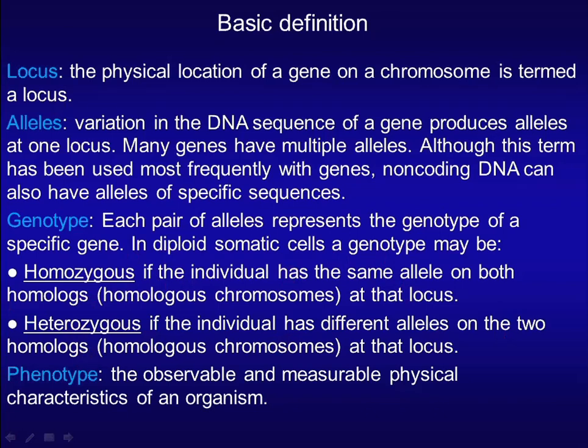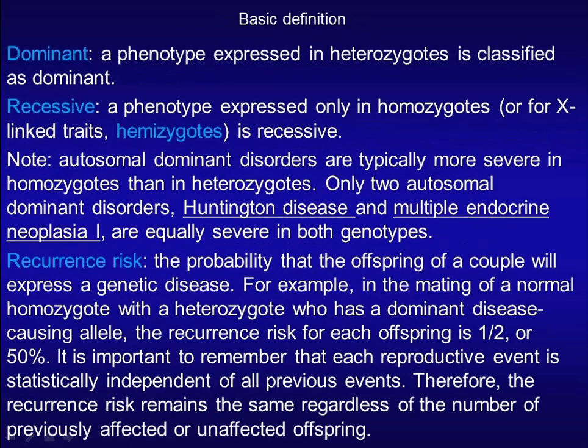Phenotype is the observable and measurable physical characteristics of an organism. A phenotype expressed in heterozygotes is classified as dominant. A phenotype expressed only in homozygotes or hemizygotes for X-linked traits is recessive.